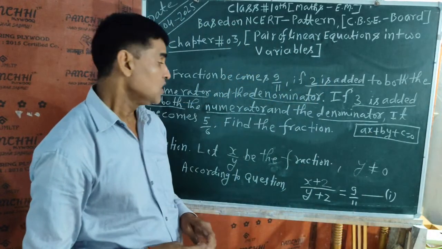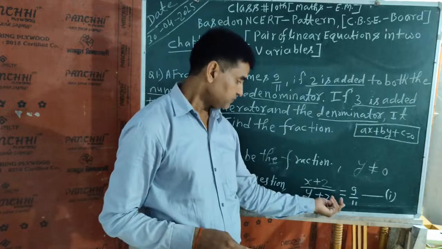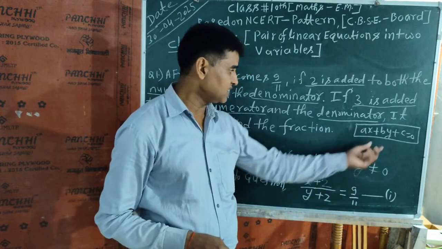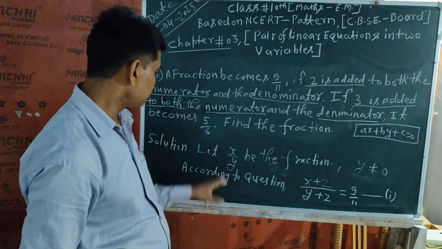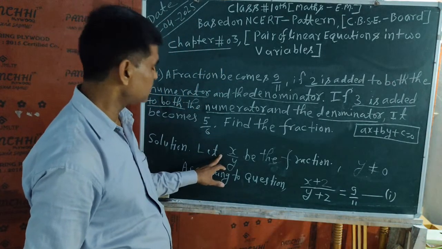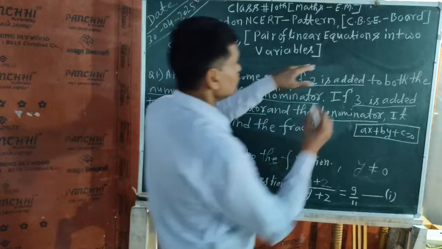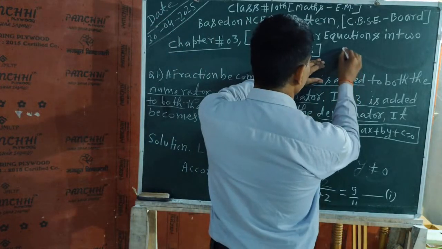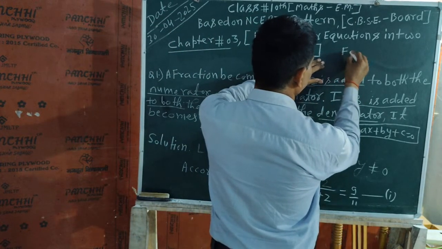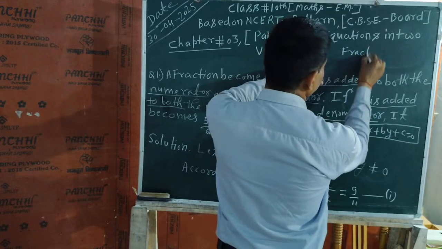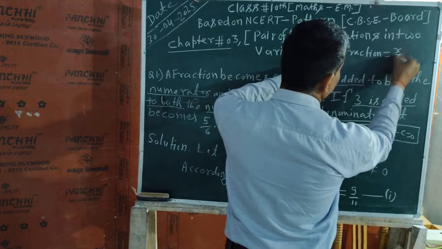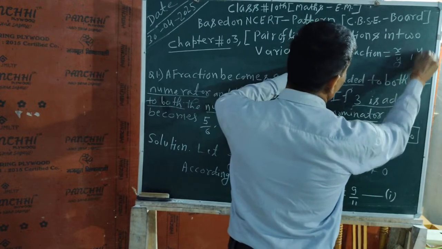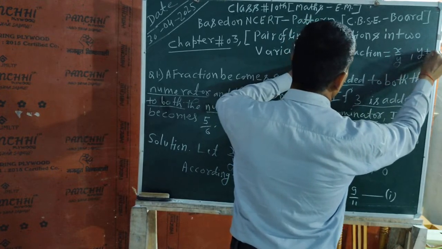Okay student, so this expression I will change into an equation. This information I am going to say because it is useful. So according to the information I will write, fraction equal to x divided by y, and y cannot be 0. I have to write here.